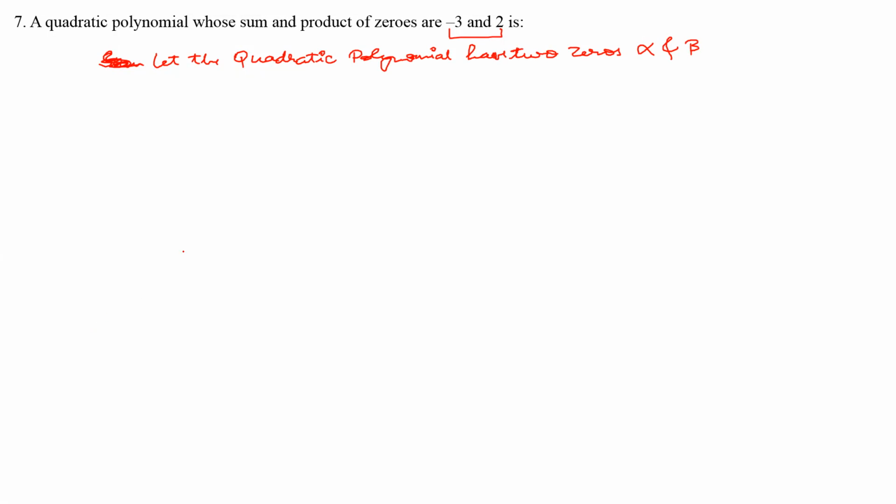We have assumed it. Now, what is sum of zeros? Sum of zeros for quadratic polynomial, alpha plus beta will be the sum of zeros, because our two zeros are alpha and beta. And sum of zeros is equal to minus b upon a. So sum of zeros, that means alpha plus beta, is directly given to us as minus 3. And this will become minus b upon a.